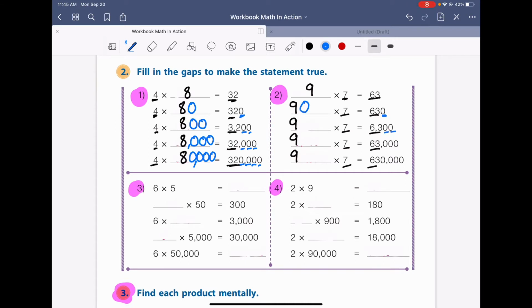Here we have 2. Here we have 3. Here we have 4. 90,000. Make sure we count the amount of zeros. We should be able to get it.